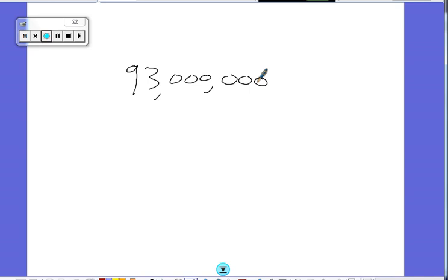So there's a little trick to doing that. You're going to take the numbers that are not 0, which is 93. You're going to put a decimal between the two numbers. And then you're going to write times 10, and you're going to put the correct exponent on top.